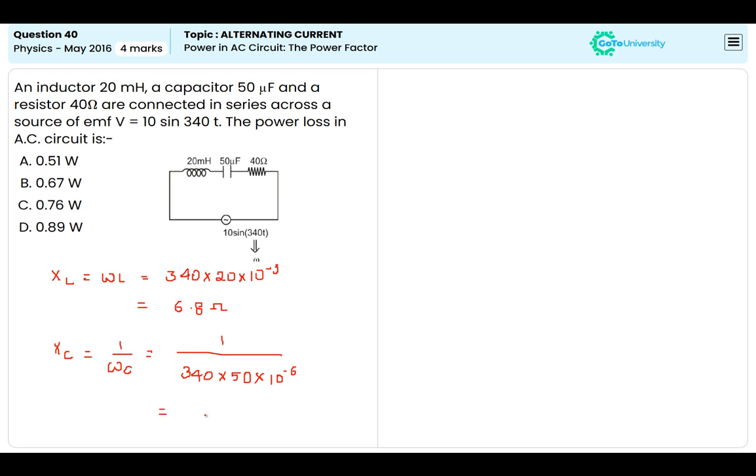By simplifying, we get 10 to the power of 4 divided by 170, which is equal to 1000 divided by 17, which is equal to 59 ohms approximately here. 58 point something, 59 ohms.